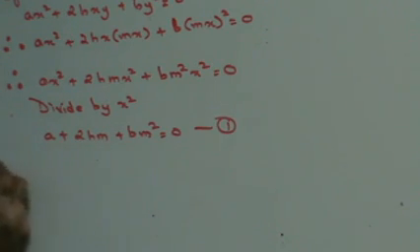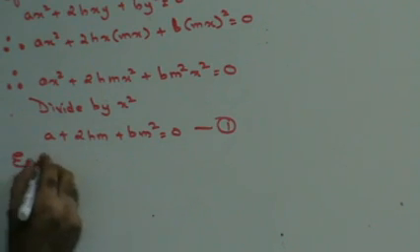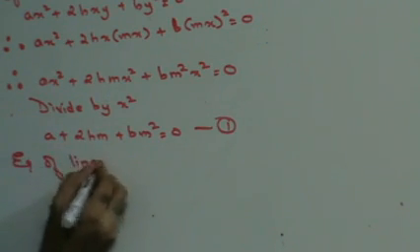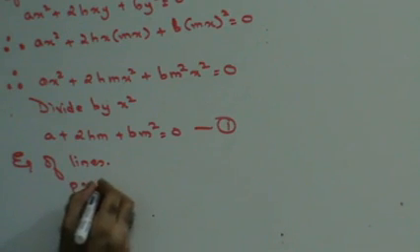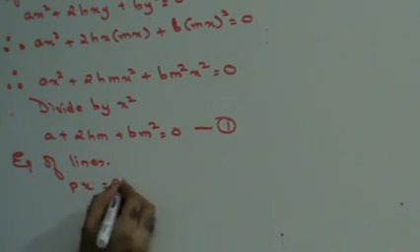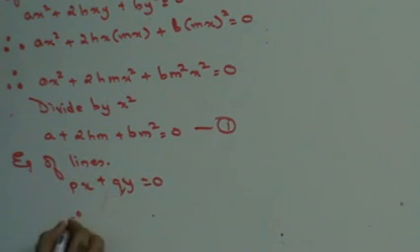Okay, now the equation of the line given to you is px plus qy is 0. Therefore I can say that qy is minus px. Therefore y is equal to minus p upon q x.